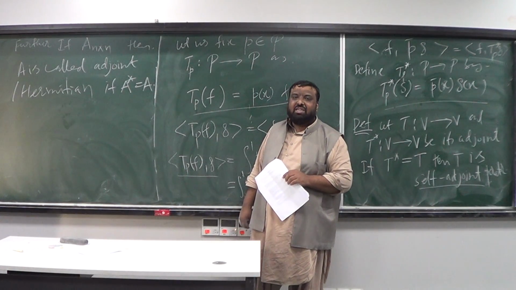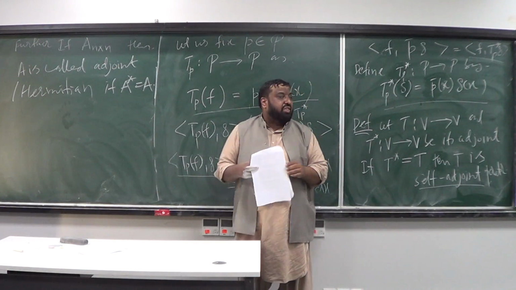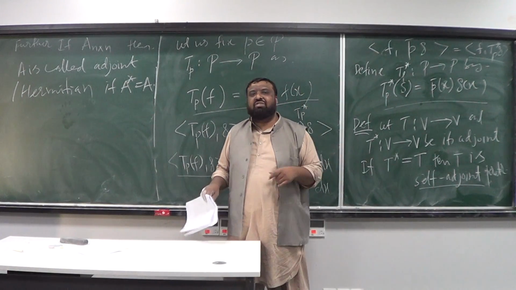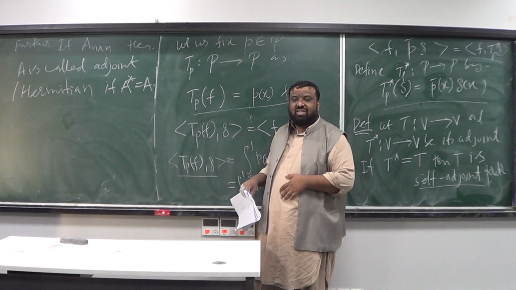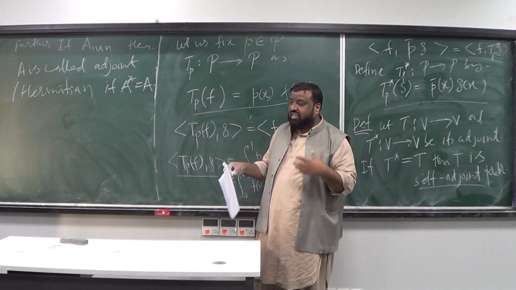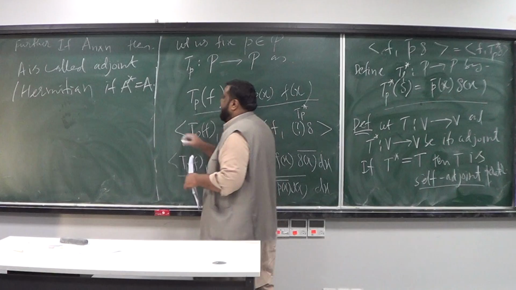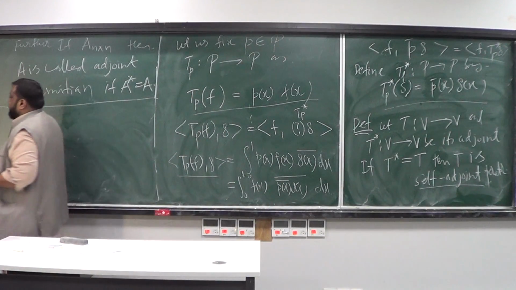If that matrix is Hermitian, then you're going to say that your linear transformation is self-adjoint. That would be another way to say it actually.